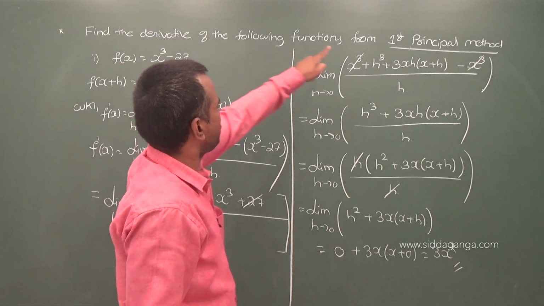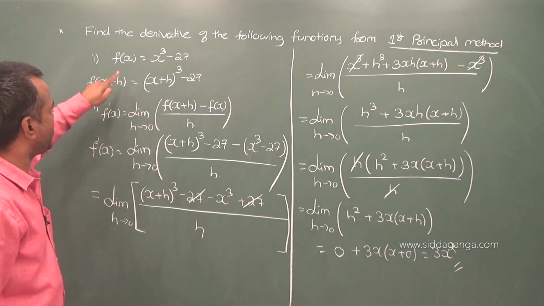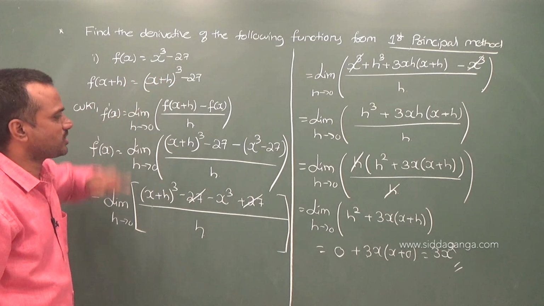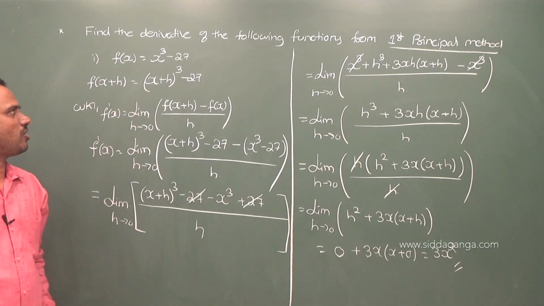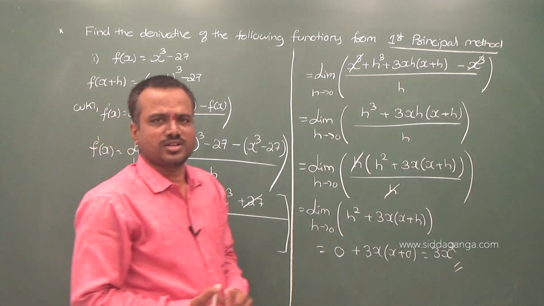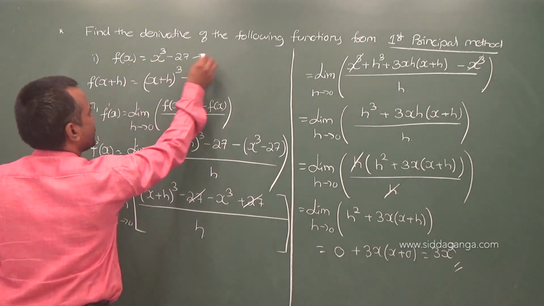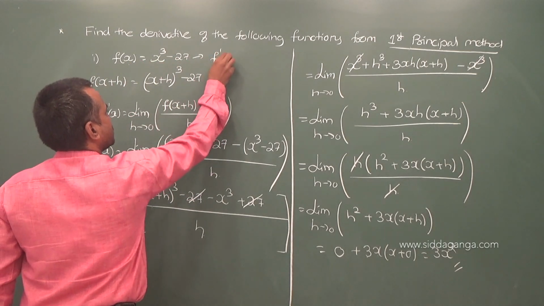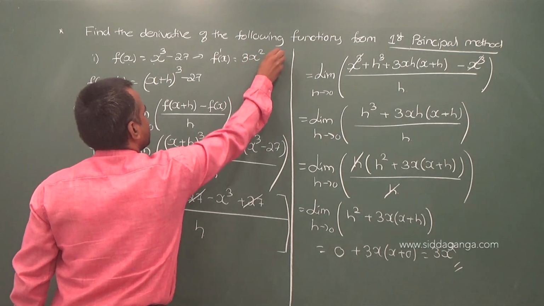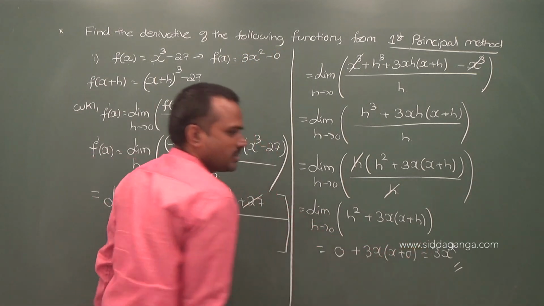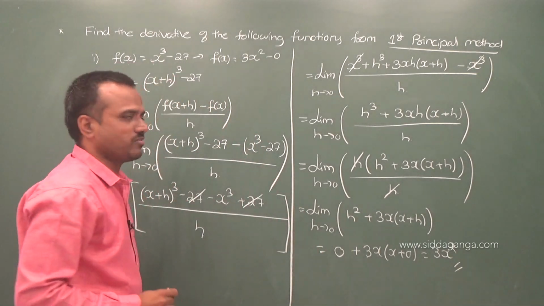So using first principle, we are finding the derivative of x³ minus 27. If you want, directly if you differentiate, f'(x), observe here, the derivative of x³ is 3x² minus 0, same answer. Using first principle, we derive the derivative of the given function.